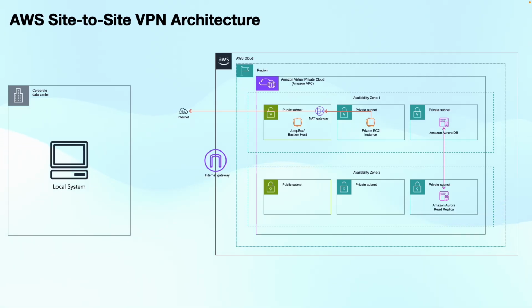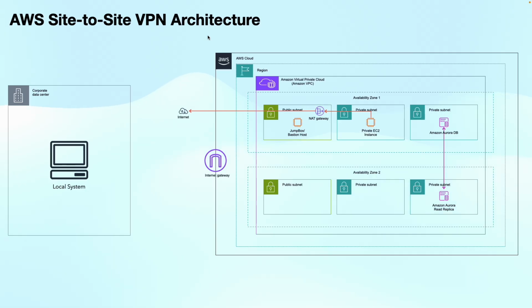I have already created the VPC resources shown here. If you need to know how to create an Amazon Aurora database in a custom VPC, I already have a video for that on my channel. Please check it out. I'll give the link in the description as well.